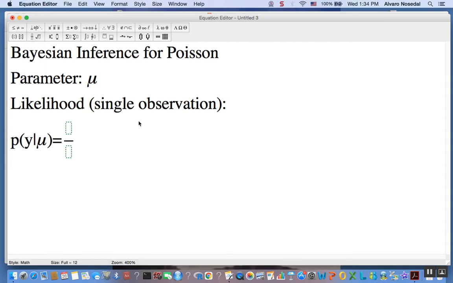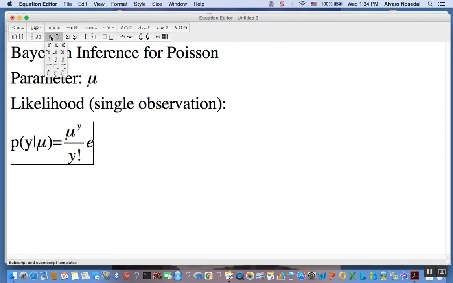It's going to be mu to the y power divided by y factorial times e to the power minus mu.